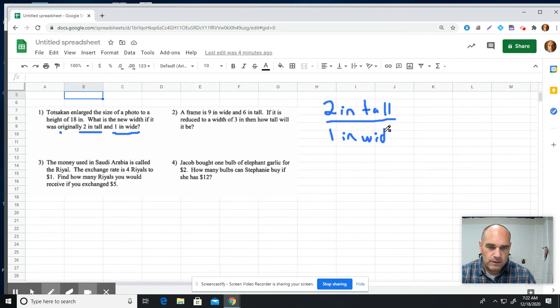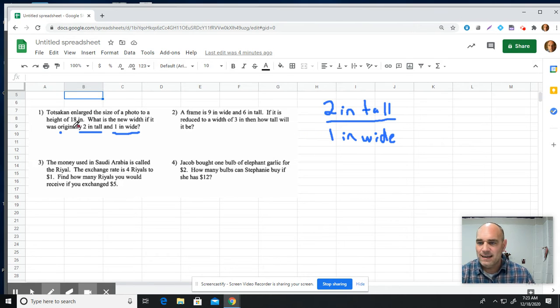And that's important for the labels, and you'll see why in just a second. So here's my true statement: my picture starts out as 2 inches tall, 1 inch wide. Now, the question is what happens if I change the height to 18 inches. My new height is going to be 18 inches.